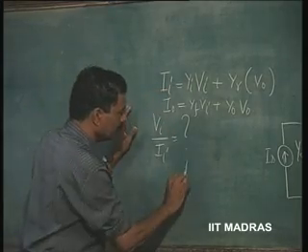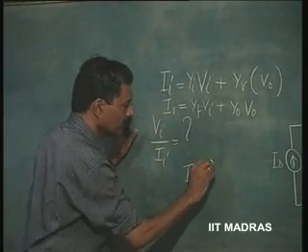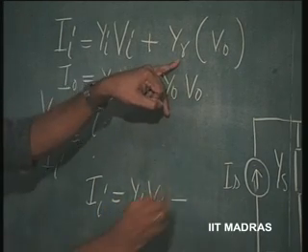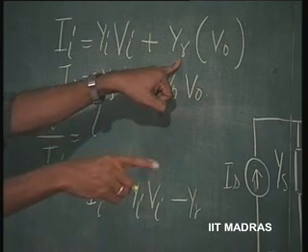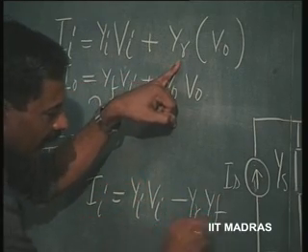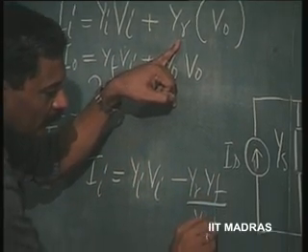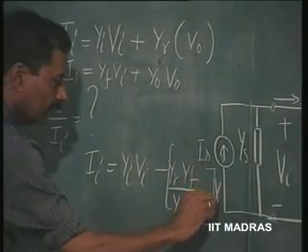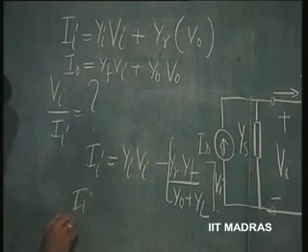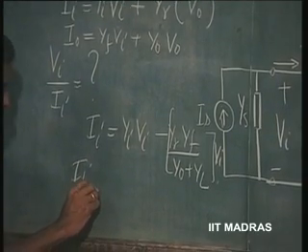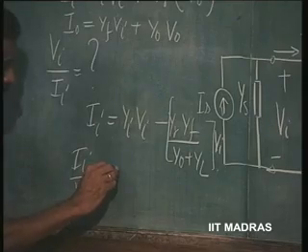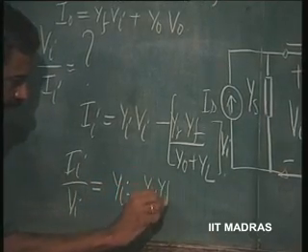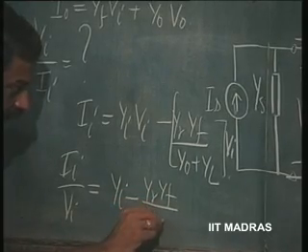So, we substitute this here, II equals Yi into Vi minus, because this is Yr, into Yf divided by Y naught plus YL into Vi, or II by Vi is equal to Yi minus Yr Yf divided by Y naught plus YL.